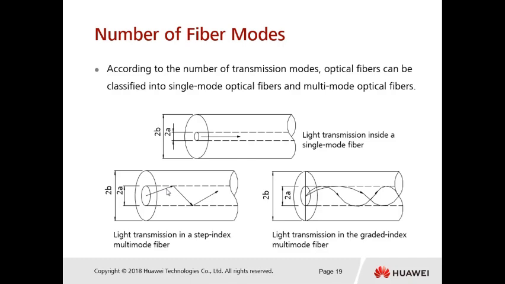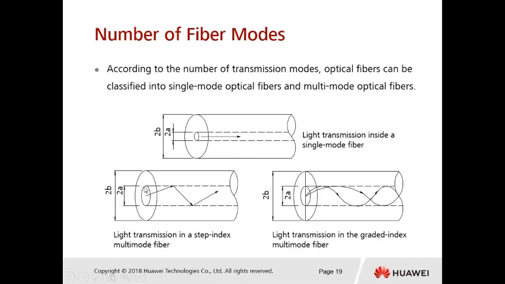So this fiber we call multi-mode fiber. If the light can transmit at different angles in this fiber, we call it multi-mode fiber. It cannot be used for long distance transmission because you will have mode dispersion problems, which make your signal have bit errors.